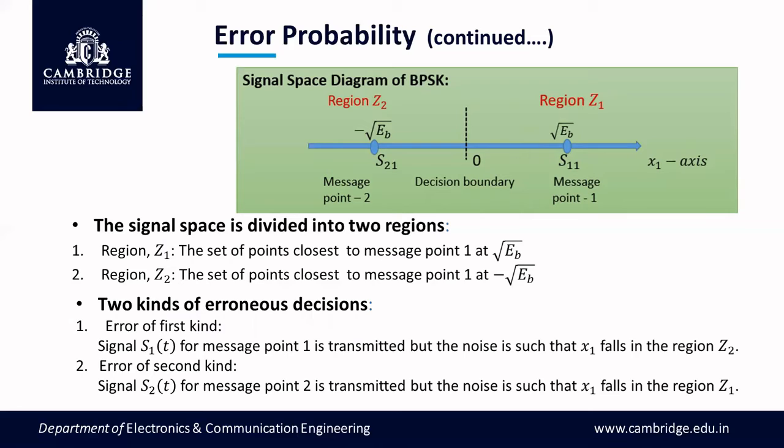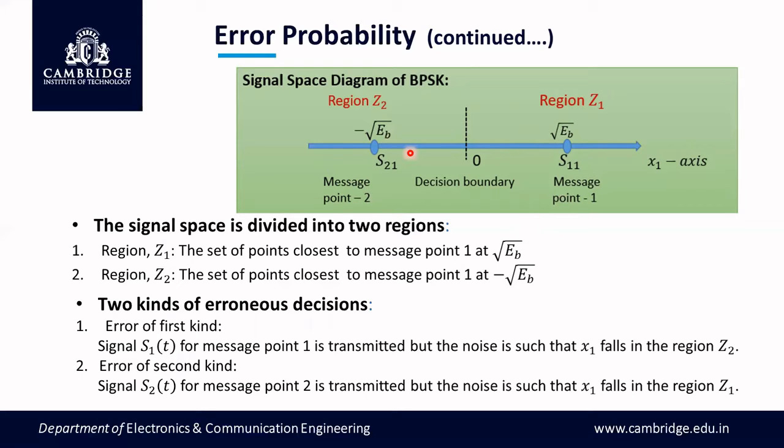Accordingly, two possible wrong decisions are there. The decision may be erroneous if the signal transmitted is S1, corresponding to message point 1, but the received signal component X1 falls in region Z2.